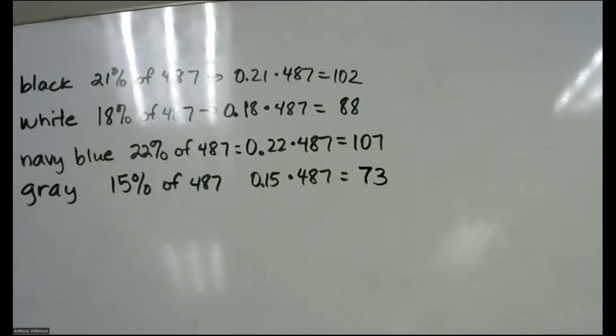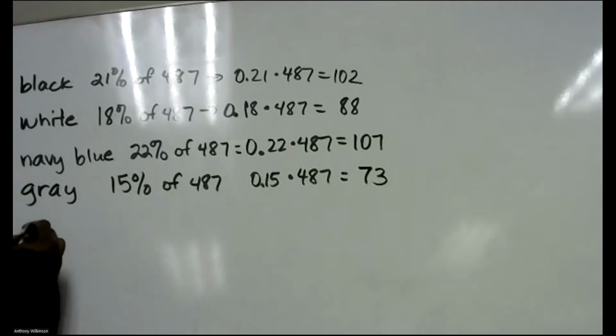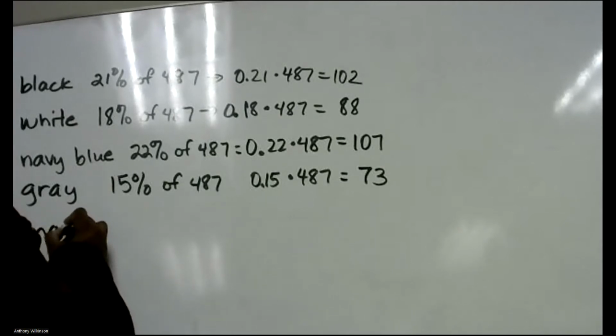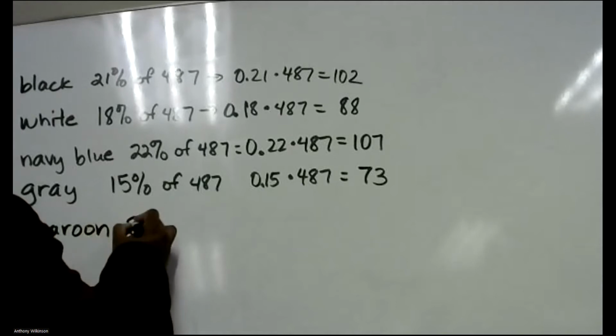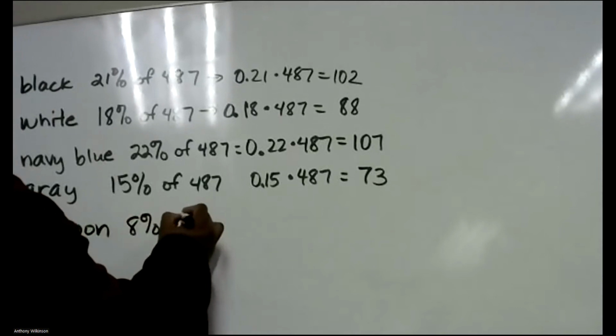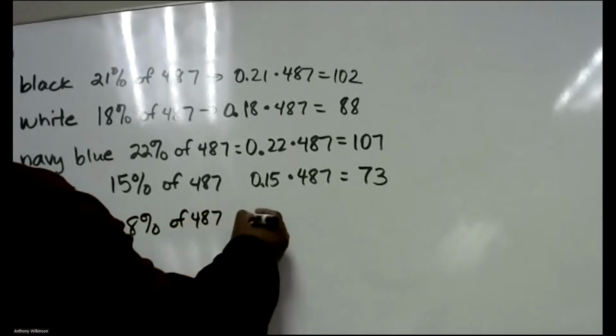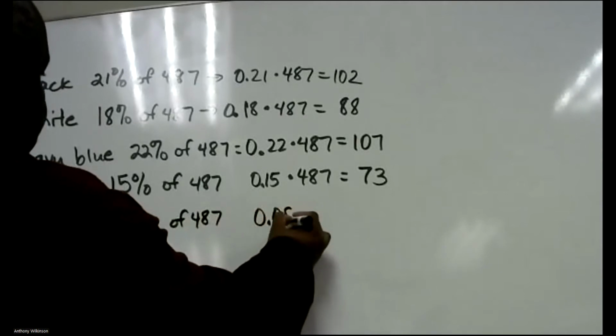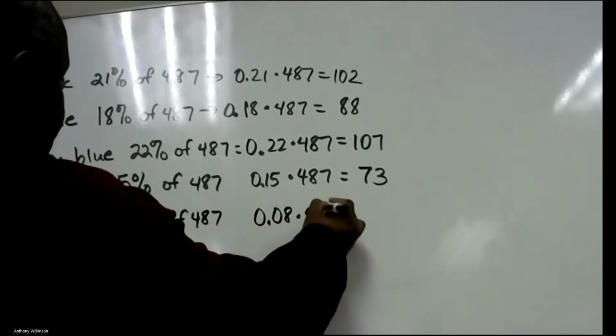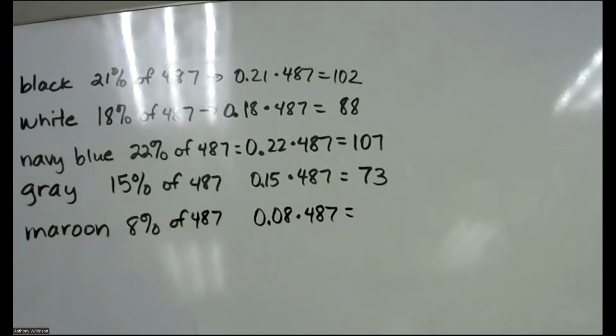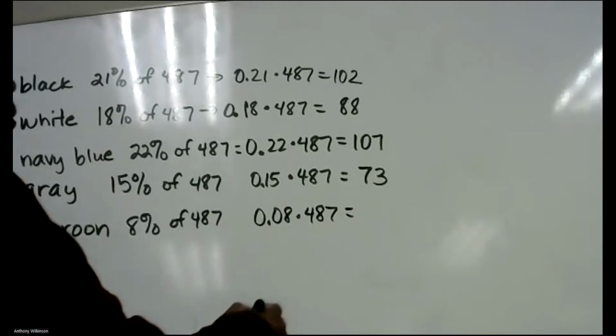And then maroon, 8%, or 0.08 times 487, which will be 39.